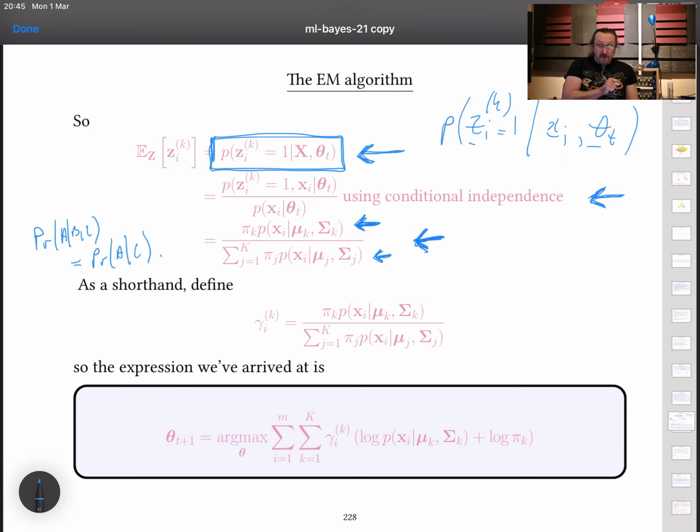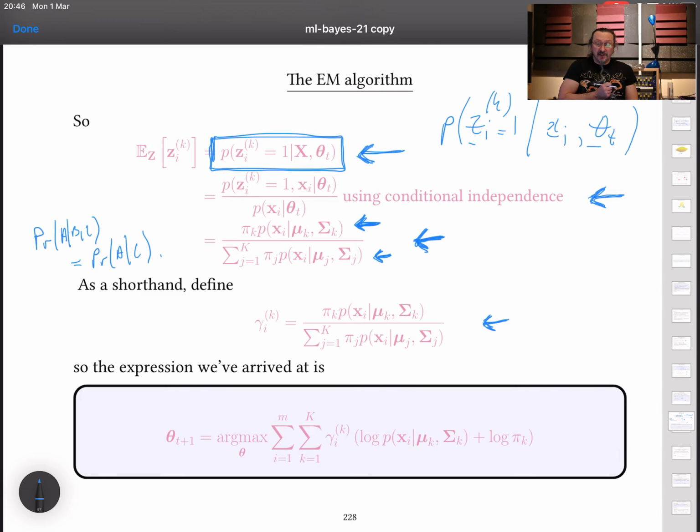And that's now looking good, because if I write it as a shorthand, using this gamma notation here, and plug it back into the expression that we actually want to maximize, the only things that appear in the final double sum in this final shaded box are expressions that involve the parameters that we want to maximize over.